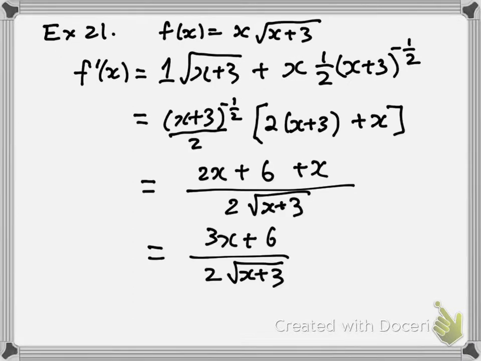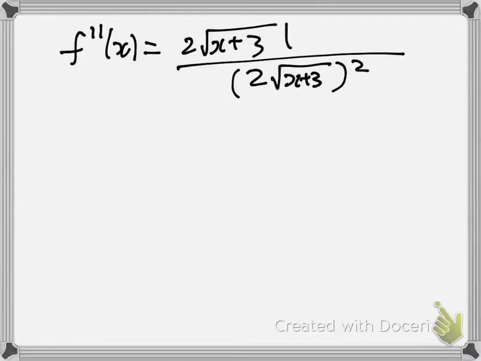D high will be the derivative of 3x plus 6, and that's just a 3. Minus high d low.